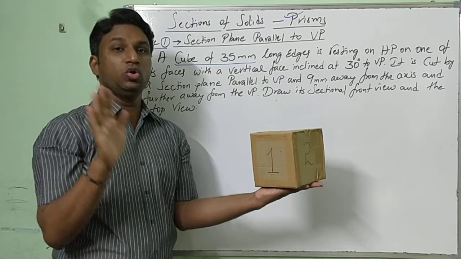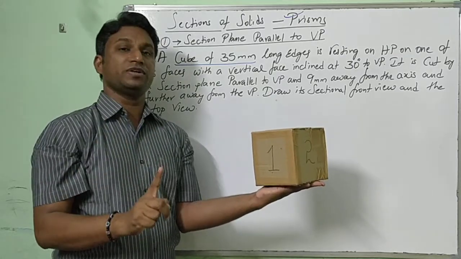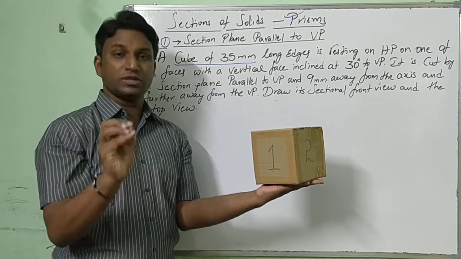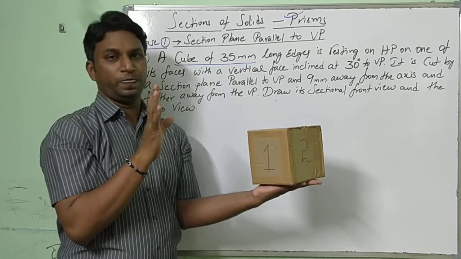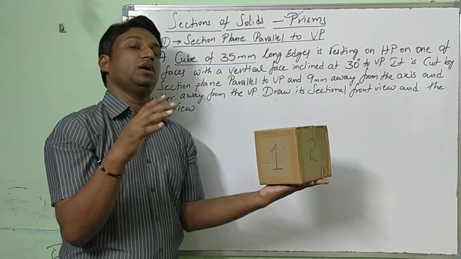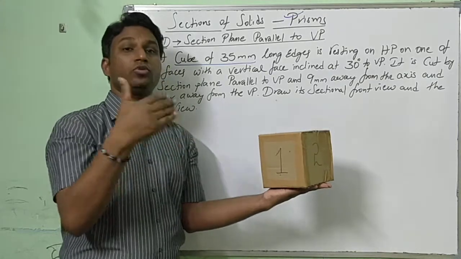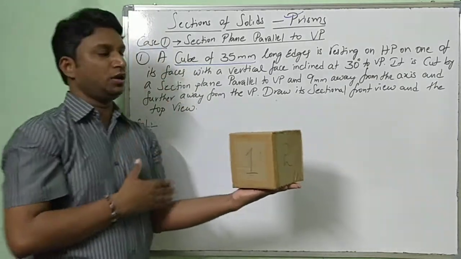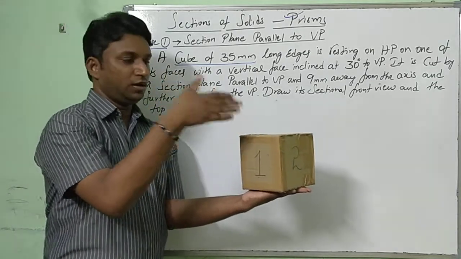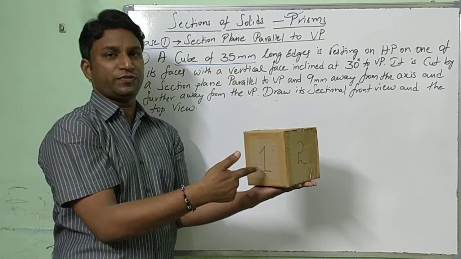When you are solving the problem of sections of solids, you have to draw the first projections of solids. Projections of solids are nothing but, you remember, drawing its front view and top view. You can either directly draw its original position, or you have to take it step by step. For this particular problem, will you be able to draw its front view directly?